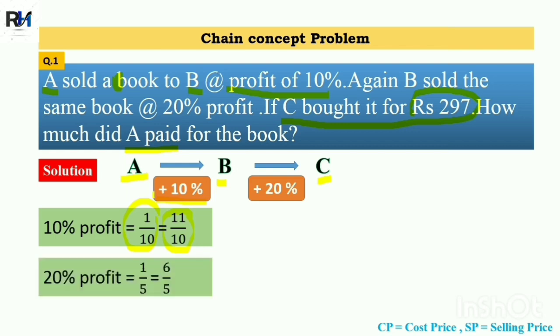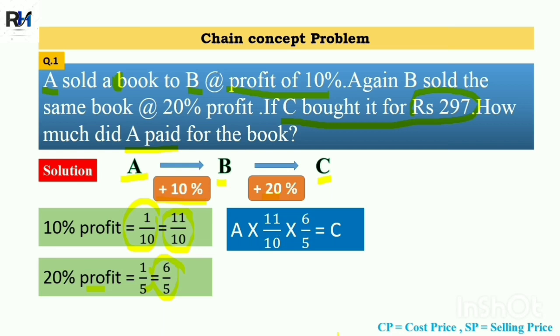Now we will represent the second profit percentage, the 20% profit at which B sold it to C. So 20 by 100, that is 1 by 5. Now the profit is given, so I have added 5 to 1 and get the fraction 6 by 5. After that we simply apply our equation. What is our equation?